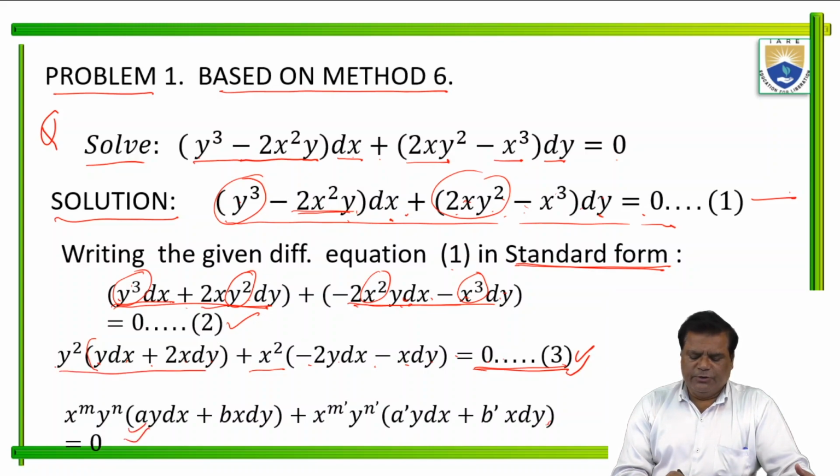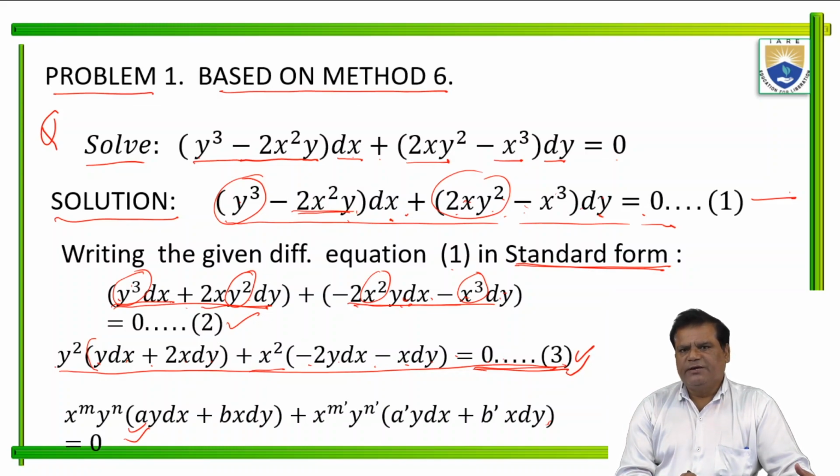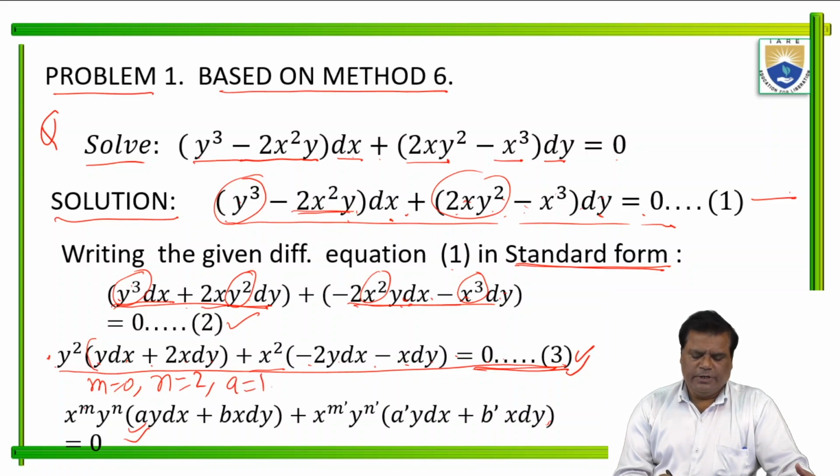Our given equation 3 is the same as this. Comparing, x to the power m: x is not here, so m is 0. Y to the power n: n is 2 here. Also a is 1 and b is 2.